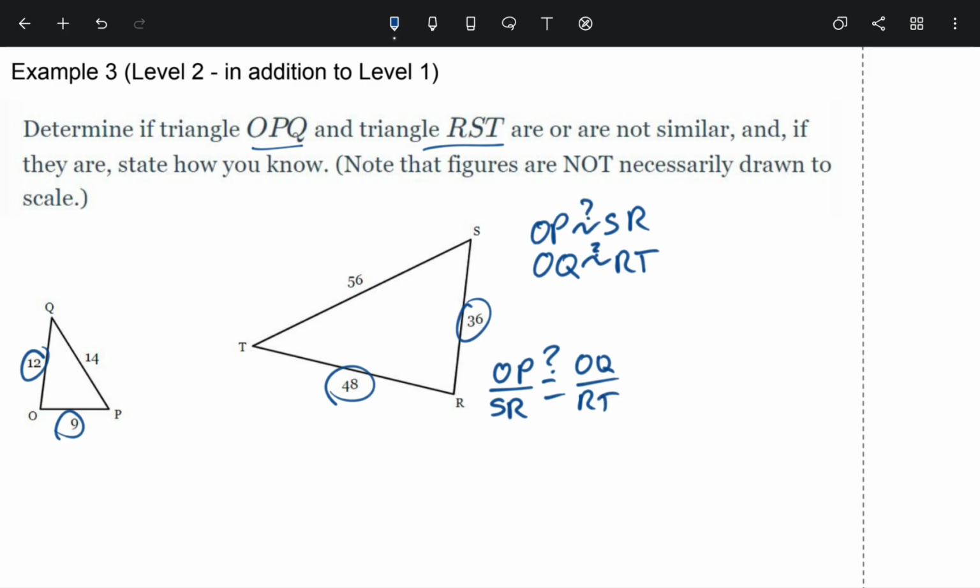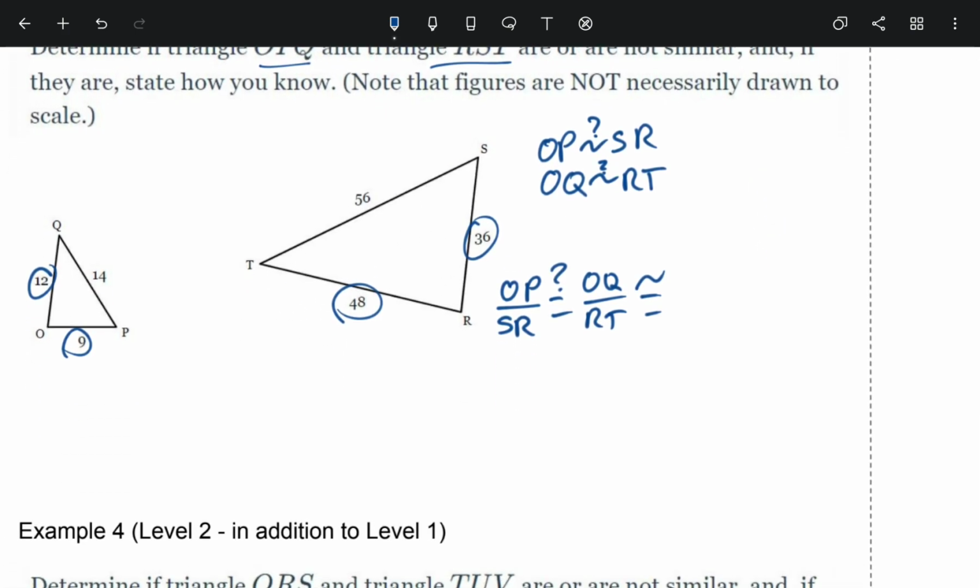And these are all we're trying to figure out. And the last one is QP, might be similar to ST. And I miswrote that. That's supposed to be a question mark, not a congruent symbol.